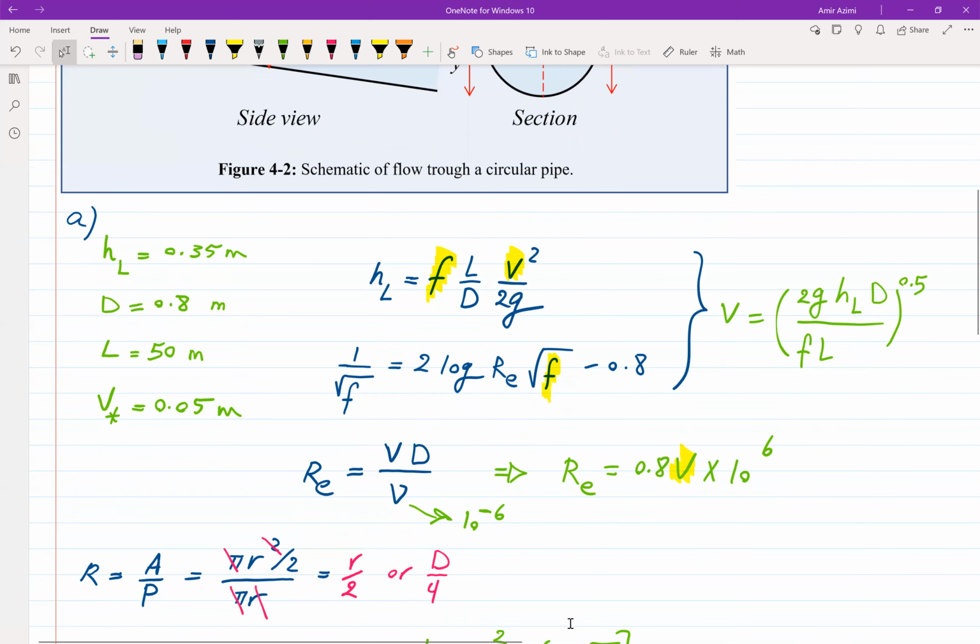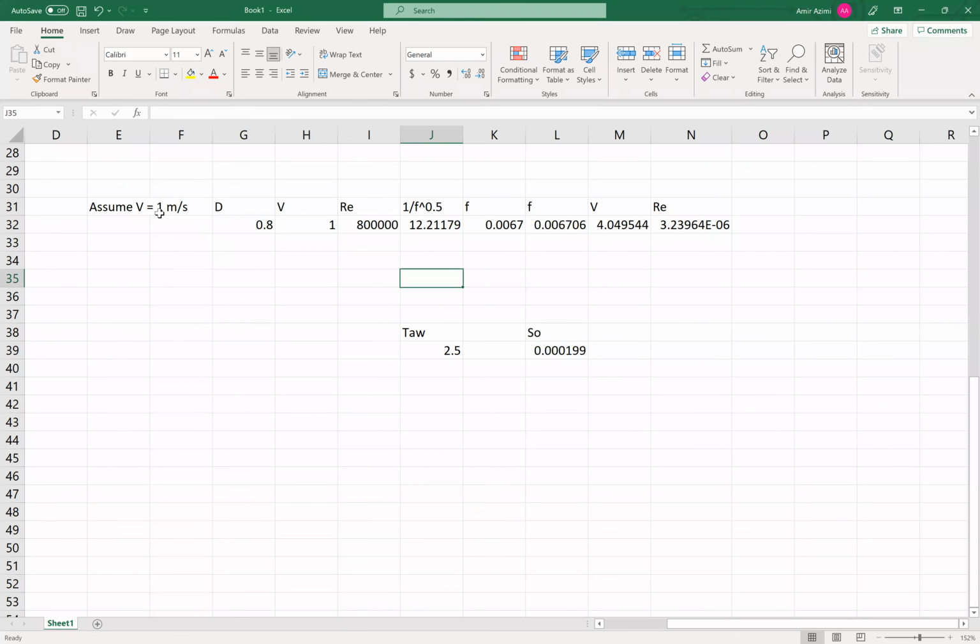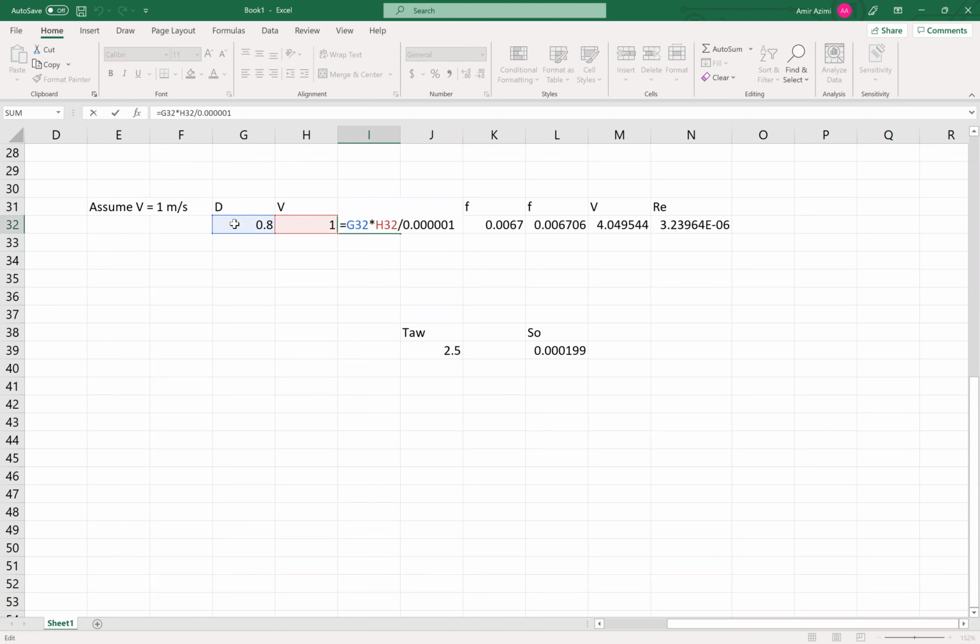Going back to the Excel file, here we assume that the velocity of the flow is 1 meter per second to see what the value of Reynolds number would be. Diameter times the assumed velocity, divided by viscosity, gives us 800,000. So it gives us an idea of which equation we should start working with.